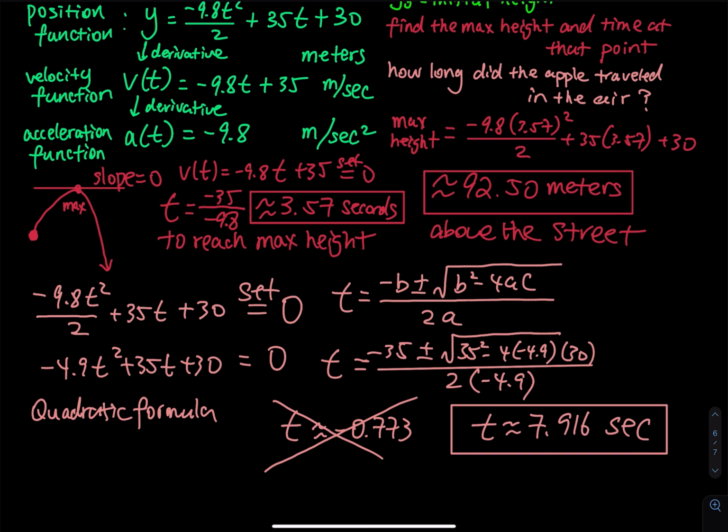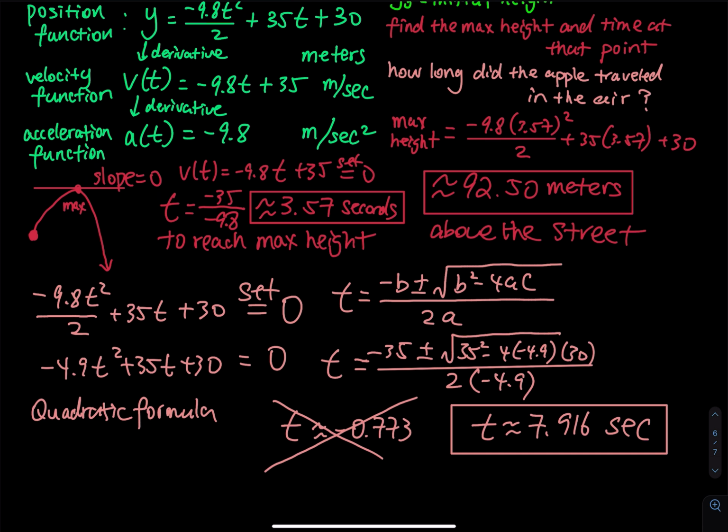Why do we get two different answers? Do you see that this is a second degree, a quadratic equation, with the negative 4.9 t squared? So you expect to get a parabola, and the parabola is concave down. How do I know? Because the leading coefficient is negative. So there are two x-intercepts, one at negative 0.773 and the other at 7.9.